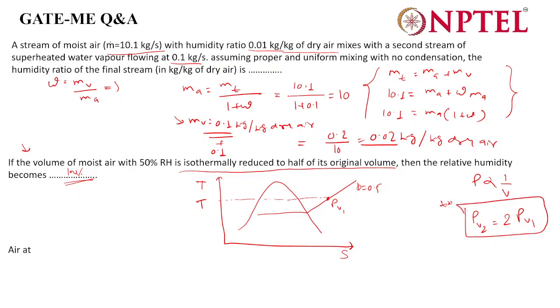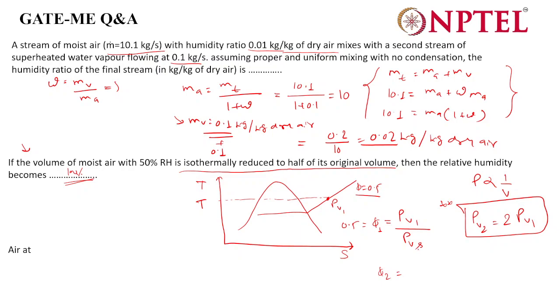So here relative humidity is phi equal to PV1 by PVS. Phi 1 is given as 0.5, and phi 2 we have to find.